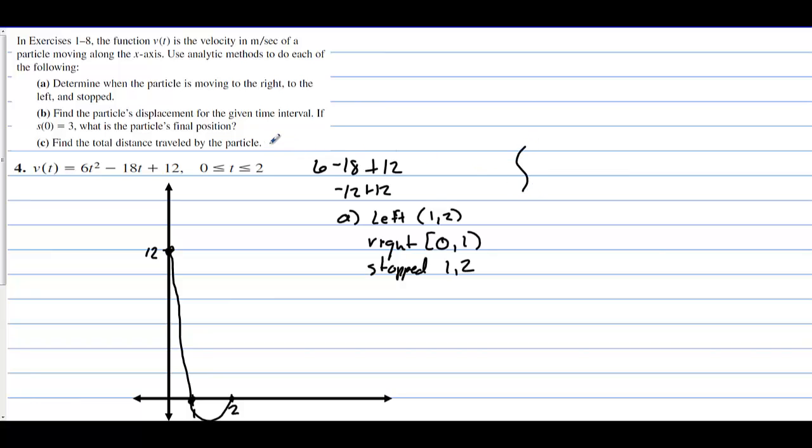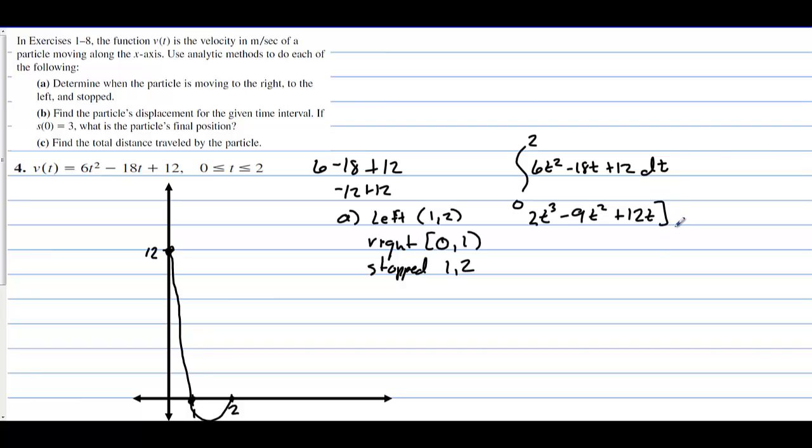In letter B, we're asked to find the displacement from 0 to 2. And we have the integral of 6t squared minus 18t plus 12 dt. That means we have t to the third times 2 minus 9t squared plus 12t.